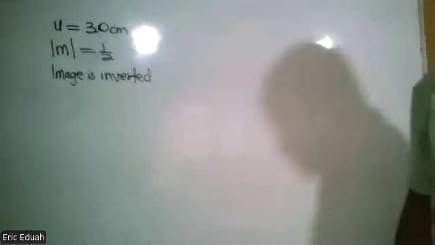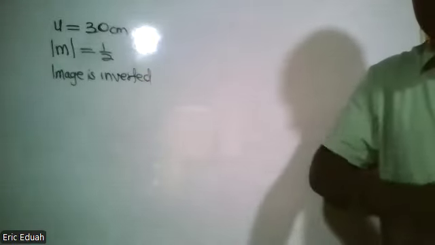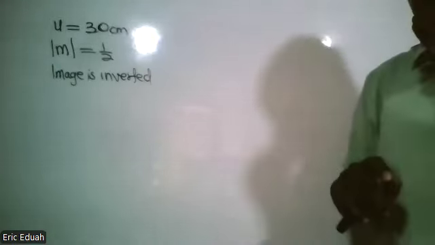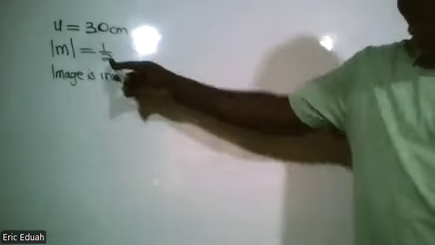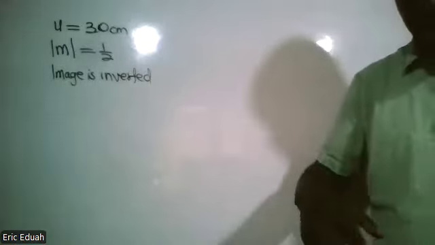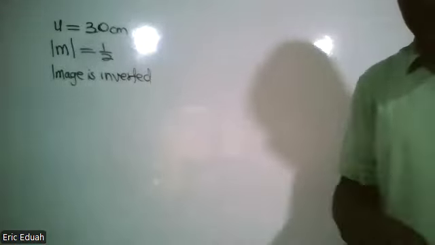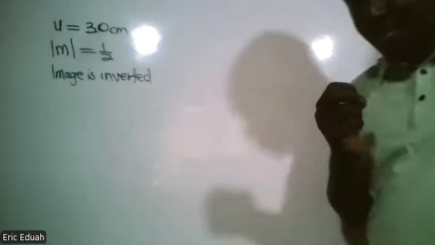Because if you understand it, then you are good to go. You see, the question said just spherical mirror. Then the kind of mirror wasn't clearly stated. All that you are told is that image is diminished, image is inverted. So, Gabriel, what kind of mirror is this? I think the convex mirror. Speak up. Convex.